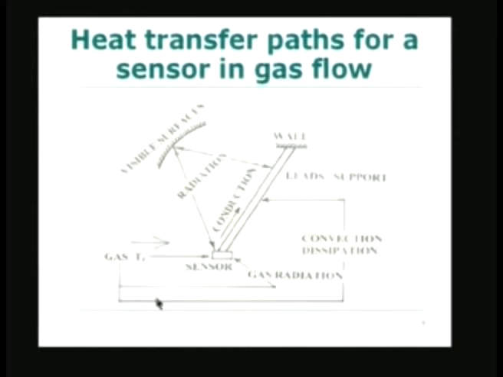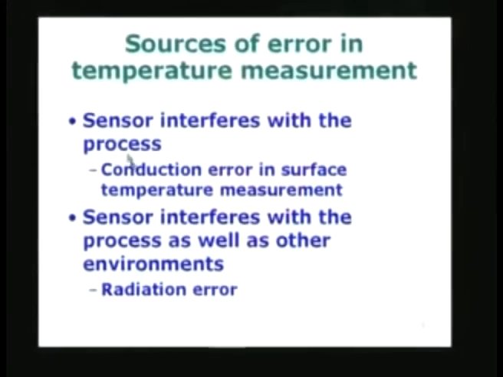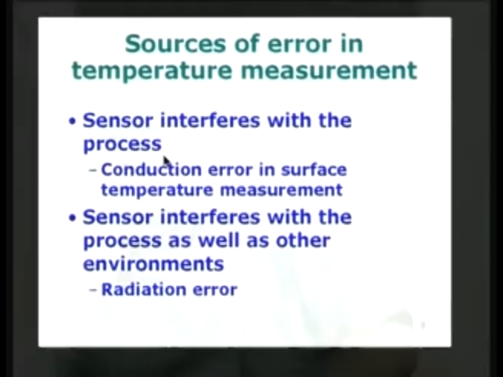So, a calculation of the errors will require an understanding of these phenomena and these processes which are going to take place, and therefore, we can identify the sources of errors in temperature measurement as I have done here. One source of error is the sensor interference with the process. That means that because we have put a probe into the stream whose temperature I want to measure, some heat transfer process is going to take place.